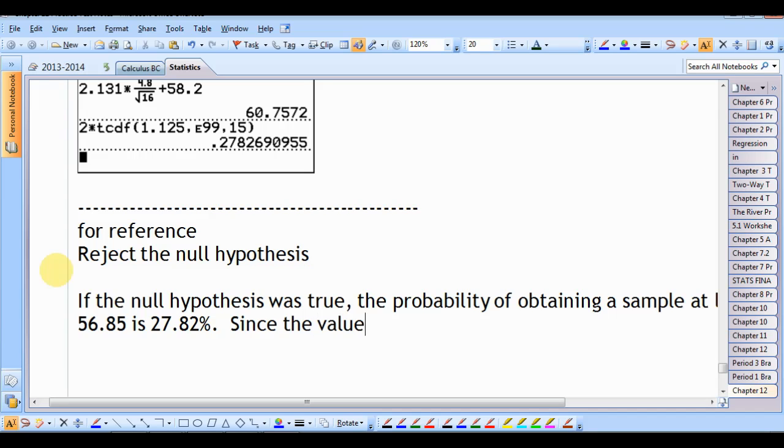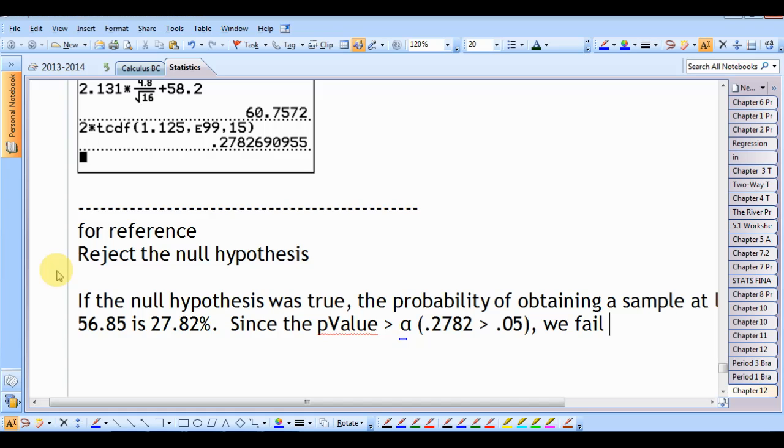Since the p-value is greater than alpha, p-value is 0.2782, is greater than, there's no alpha given, so we'll use 0.5. But it is given, right?